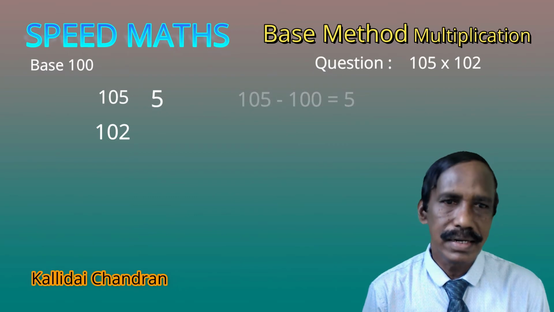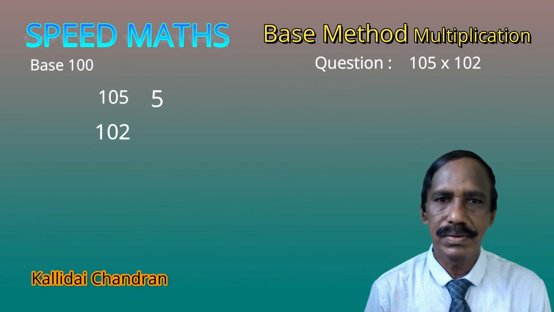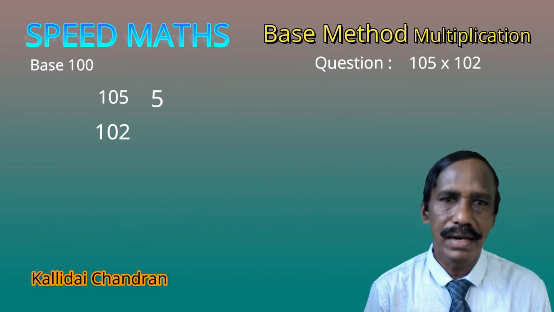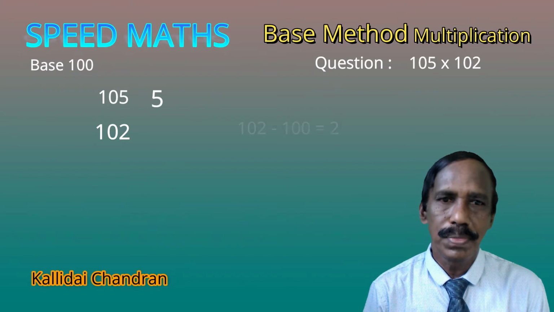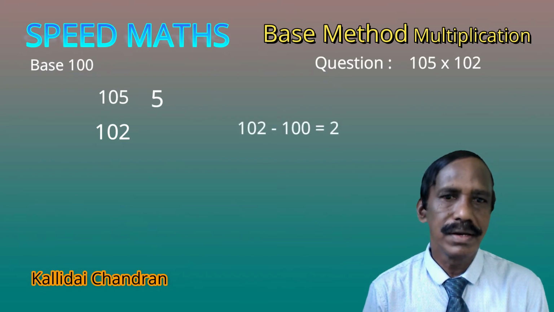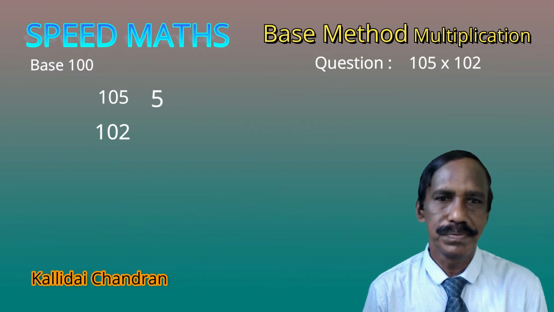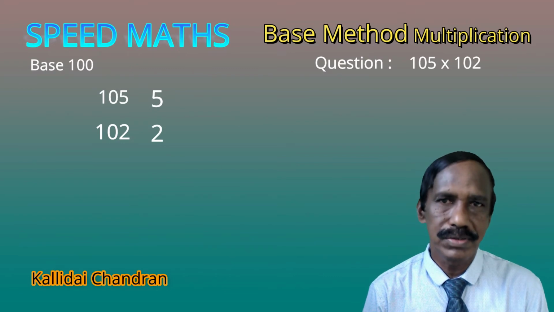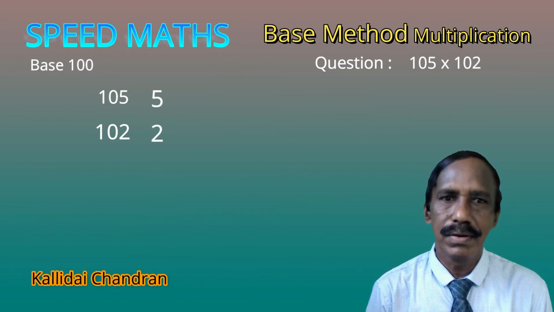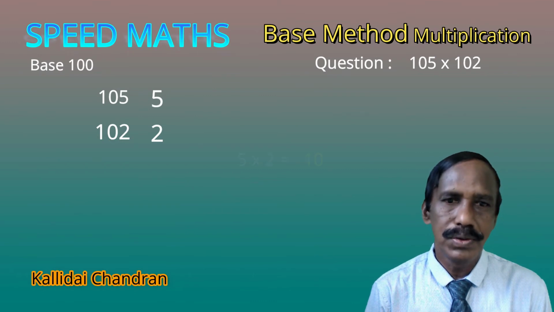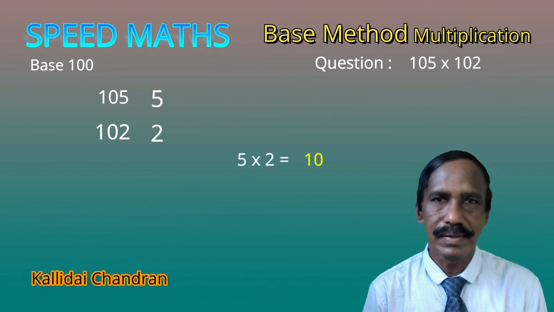Similarly, deduct the base figure of 100 from 102 and put the answer of 2 as displayed here. Now we have to multiply 5 and 2. Both are positive numbers only. Now 5 multiplied with 2 and the answer is 10. You write down that 10 below 2 as displayed here.